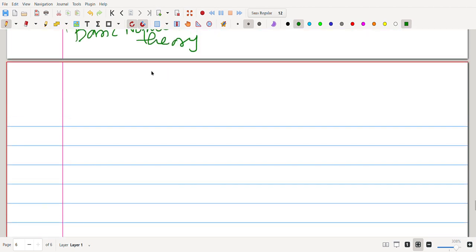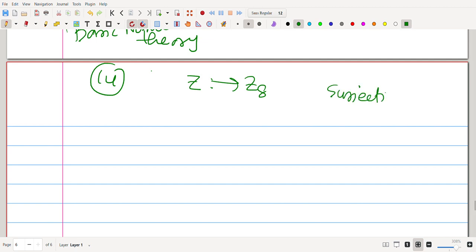Okay. Problem number 15. Say phi from Z to Z mod 8, this is clearly a ring homomorphism, and a surjective ring homomorphism. Okay, but phi of R star is the same as phi of {1, minus 1}.